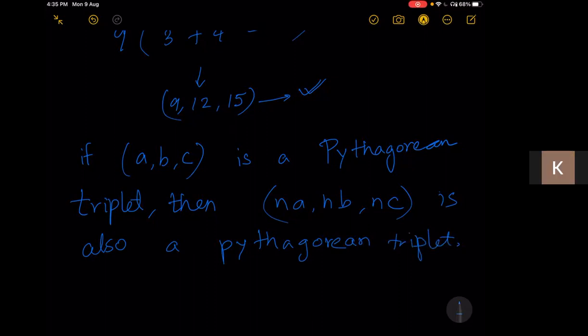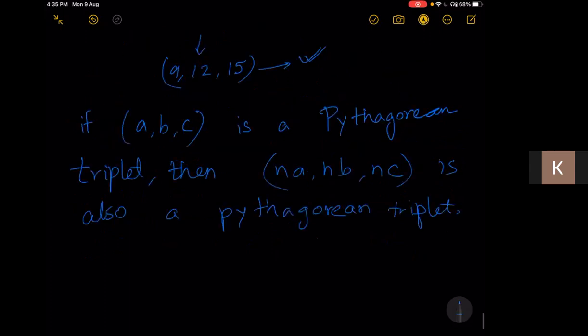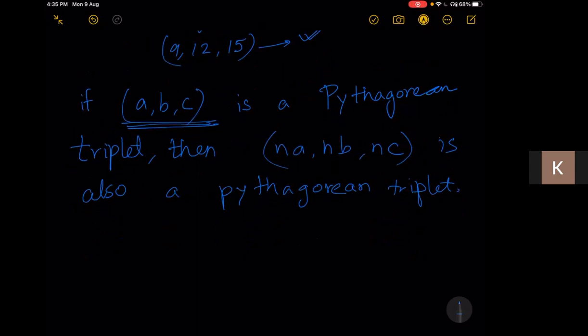Acha. So if I call this basic, if you have this basic solution, you can generate infinite solutions by just multiplying integers with the basic solution, right? So I will here just calculate the basic solutions, because other solutions are just multiples of basic that you can generate.